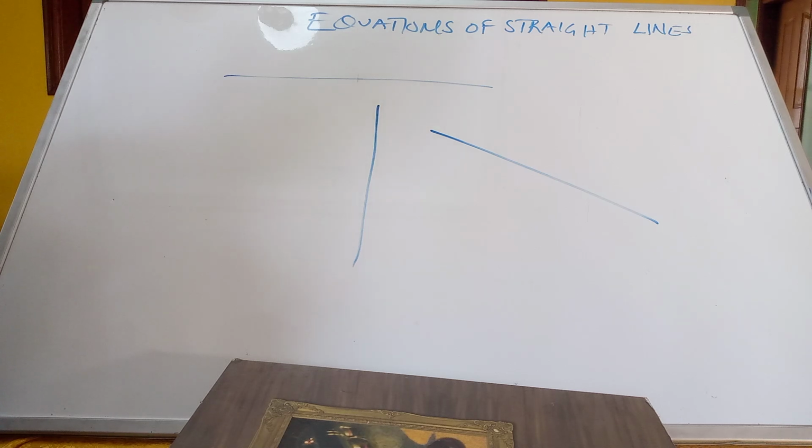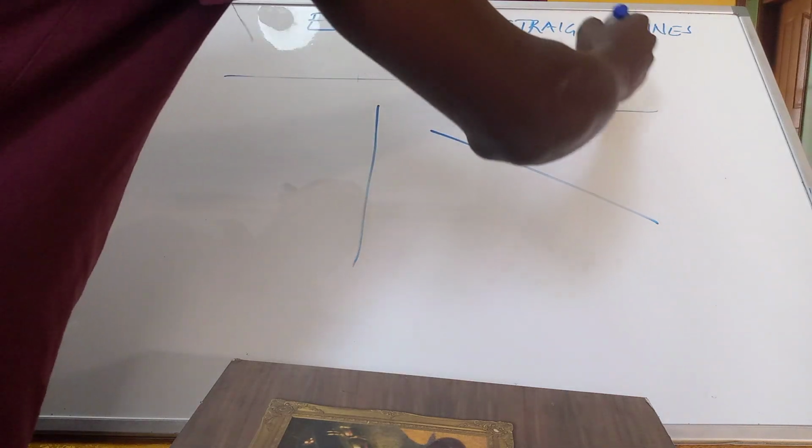Parallel lines are lines which do not meet, and they are always at the same distance from one another. Perpendicular lines are lines which always intersect, cross, or meet at an angle of 90, like these ones here.